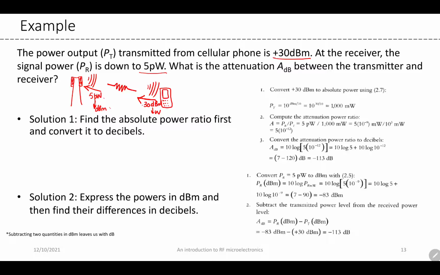Let's do the first one. Let's find the absolute power ratio first. In that case, we convert this 30 dBm to watts, and we know that P in dB is 10 log P2 by P1, right?